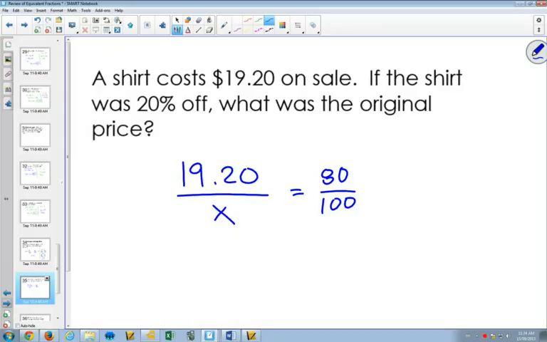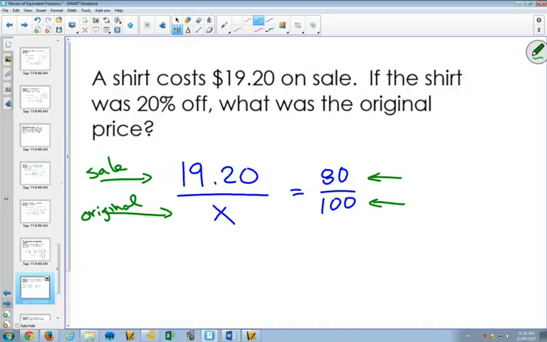So the hard part in a question like this is setting up the proportion. So here is our sale item, and here is our original one. And our original one was 100%, and our sale one is 80% of the total.